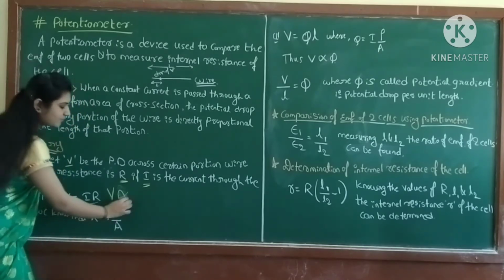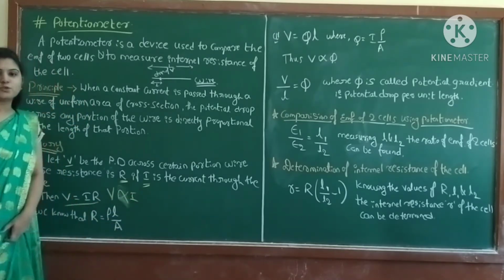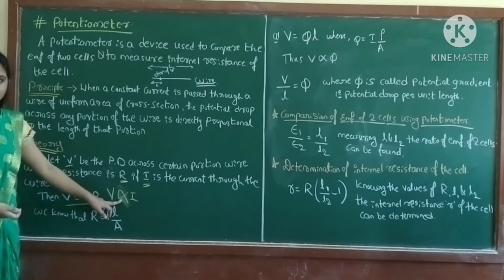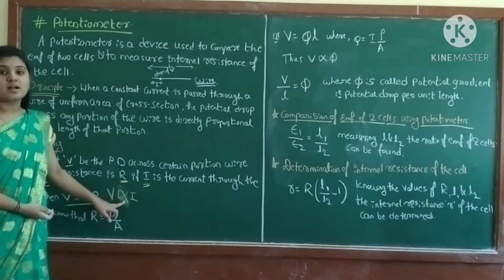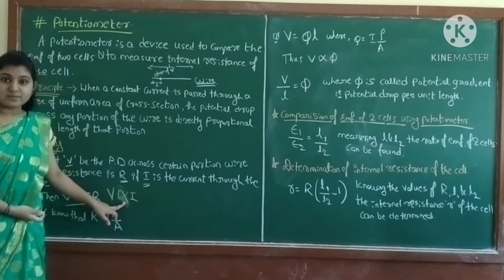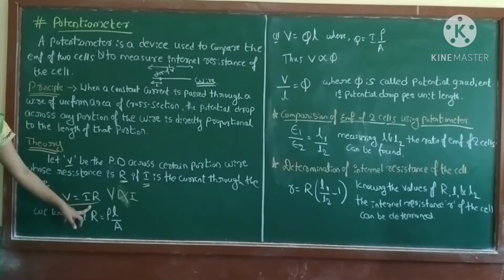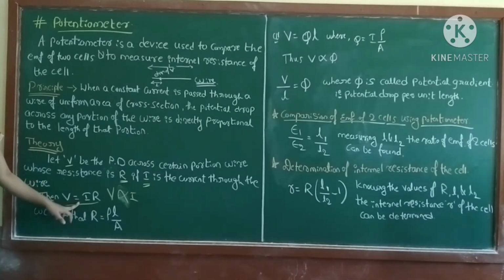If I remove the proportionality constant, what will we write? R, resistance. So that is nothing but V is equal to IR, Ohm's law. So first consider Ohm's law here.